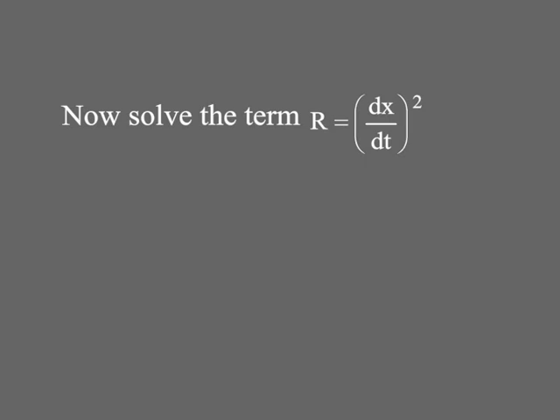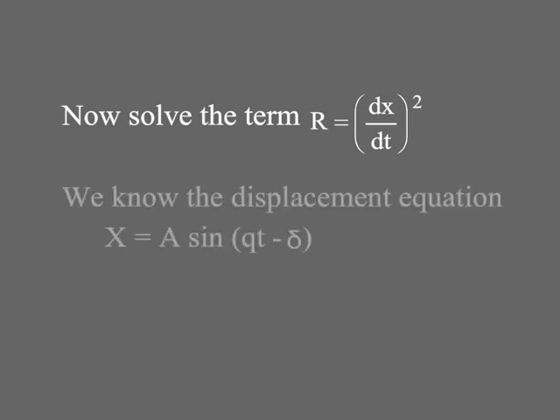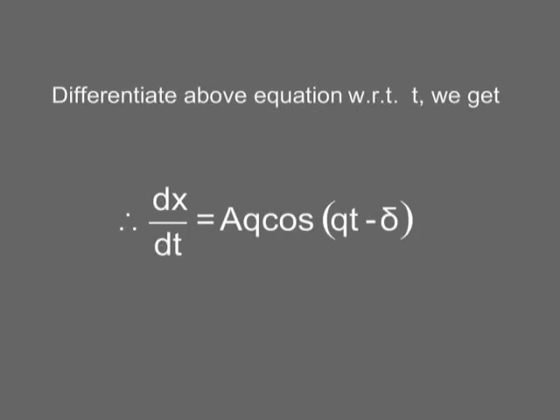Now, solve the term r (dx/dt)². We know the displacement equation, x is equal to a sin(qt − δ). Differentiating the above equation with respect to t, we get dx/dt is equal to aq cos(qt − δ).